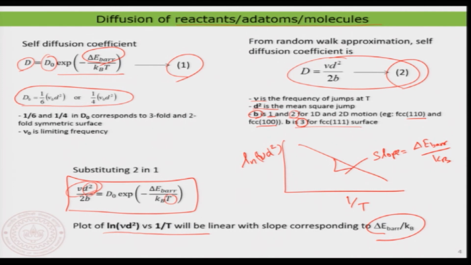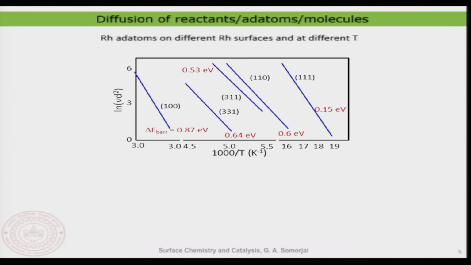That is nice. Well, let me show you a few examples. This is done using a spectroscopic method. In this plot we have the diffusion coefficient of a rhodium atom on different types of rhodium surfaces: the 100 surface, 331, 311, 110 and 111.